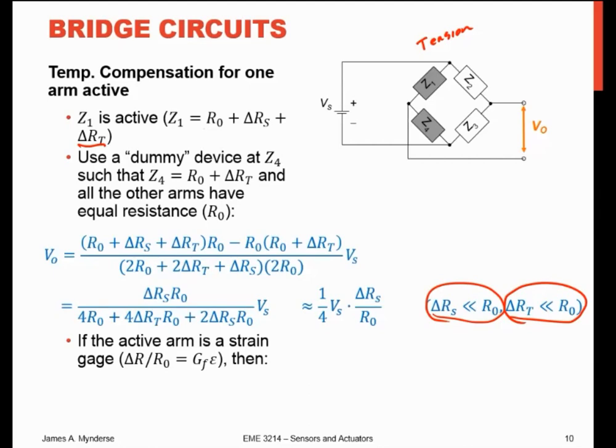And then that gives us essentially the same equation here, and the temperature effects have, for all practical purposes, gone away. Okay? And of course, we have the same equation here that we had all along.